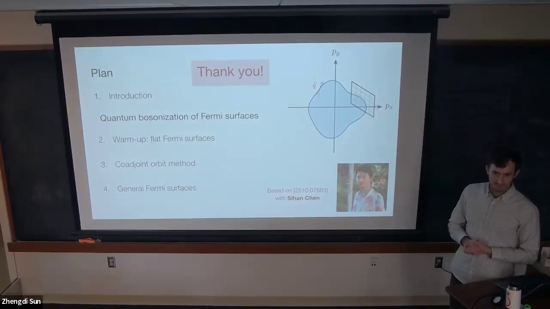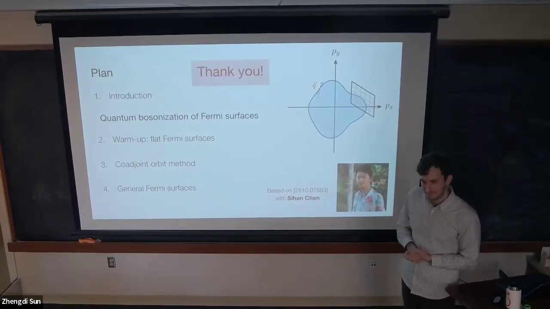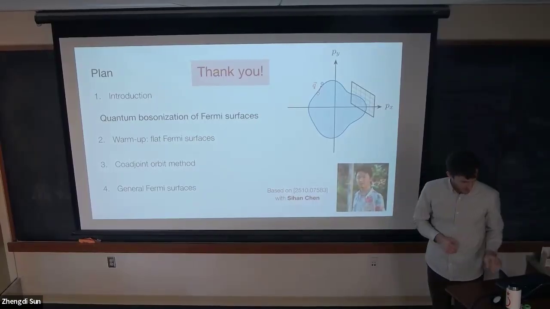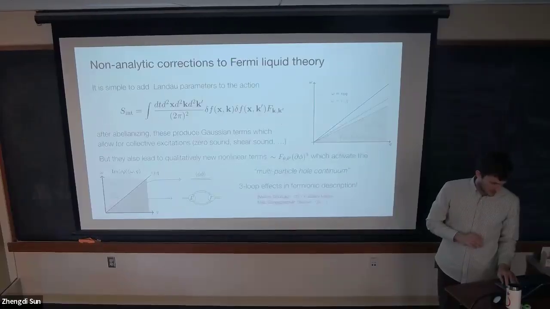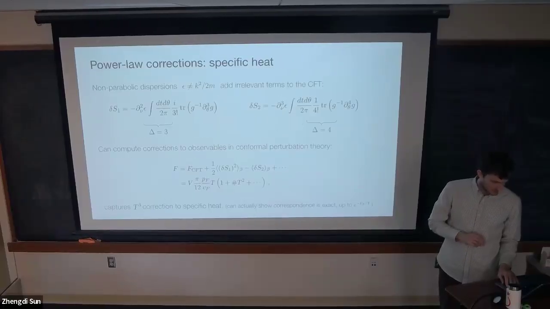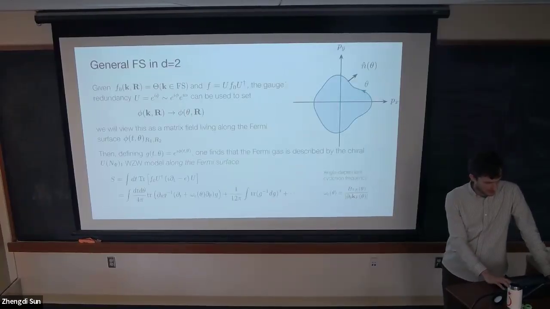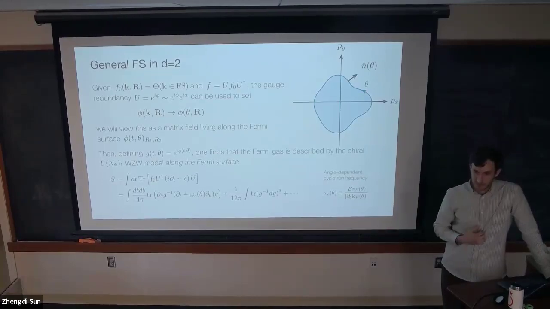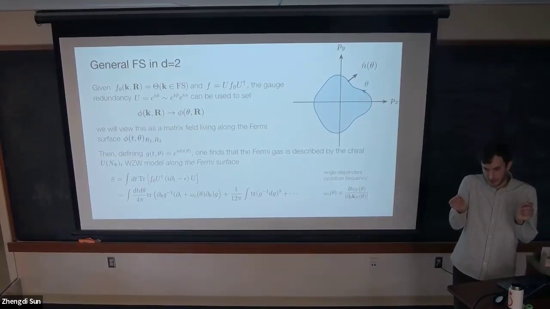Maybe follow up a little bit on what you mentioned at lunch about what the BCS interaction would look like in this setting. Here there's a complete dictionary between the operators you care about on the fermion side and how to write them in the WZW model. In particular, a fermion bilinear that involves two different points in theta.